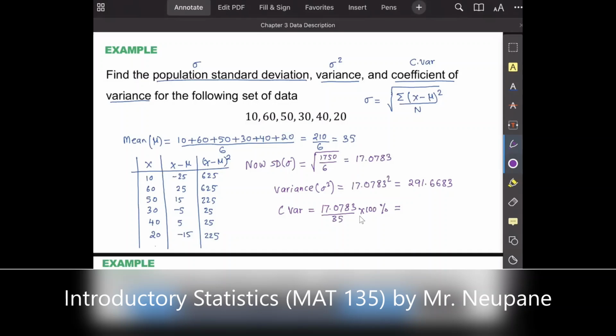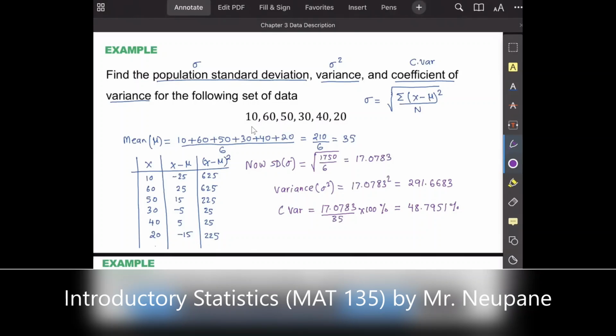So please type this in calculator, 17.0783, divide that by 35, and multiply by 100. What did you get? 48.7951. That is right, 48.7951%.